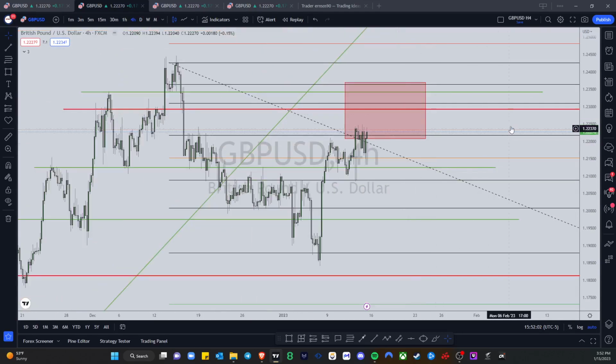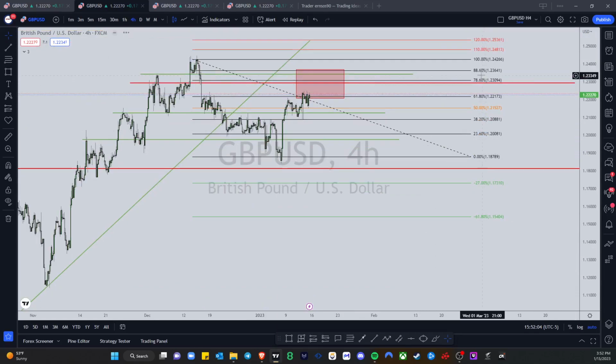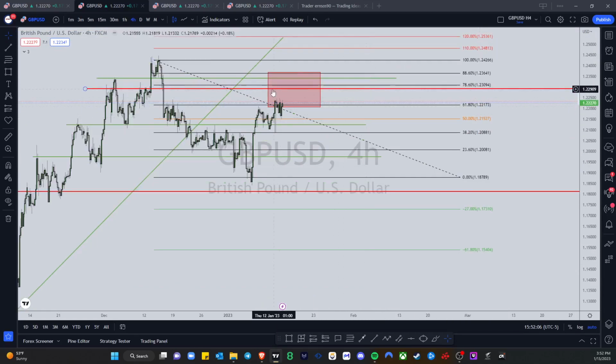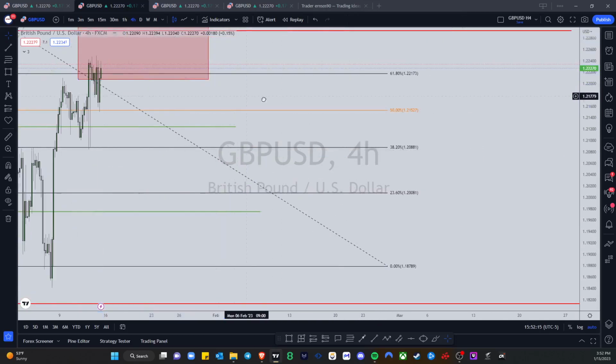So 78.6 lines up with our daily resistance that I marked right here with our red line, right? So I'm looking for a sell on this area right here, right?